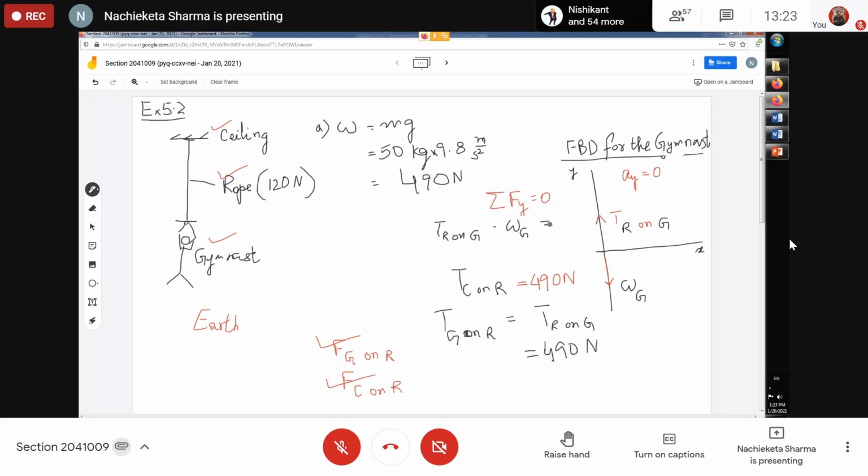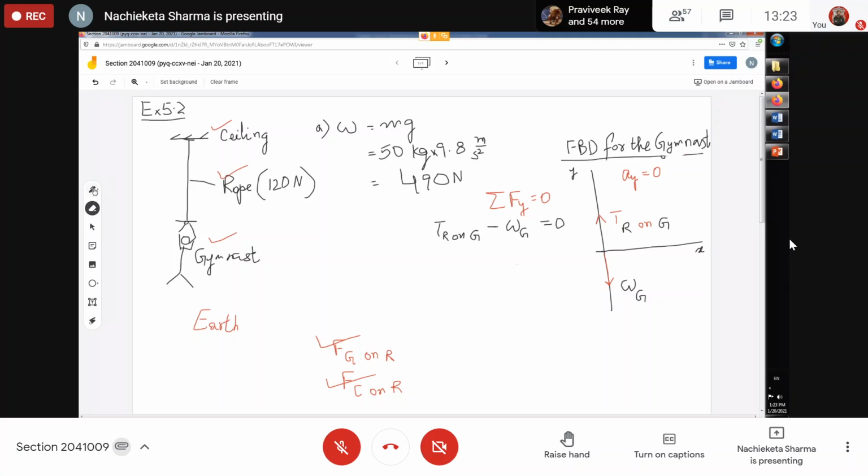So I will get T R on G, the tension of the rope on the gymnast, equal to W G. That means at the lowest point of the rope your tension is 490 Newton, like the earlier one.